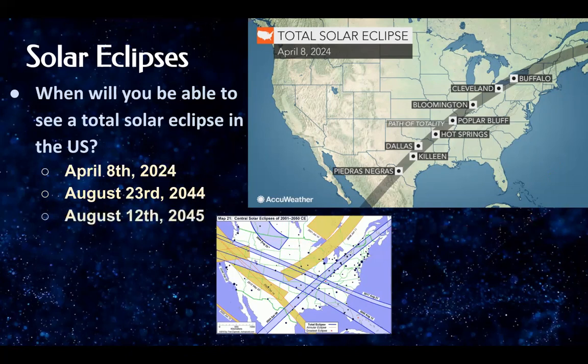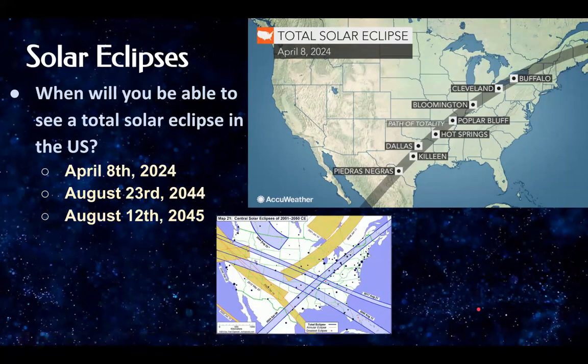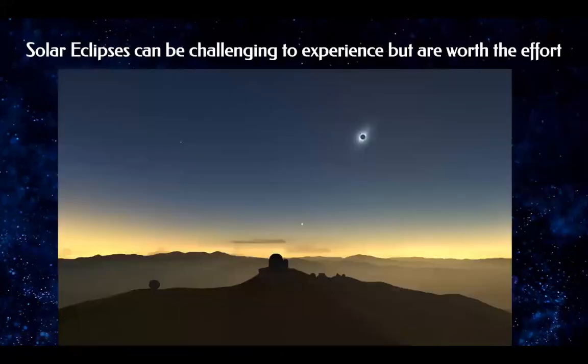Even more so, in 2045, that'll be another good one. On August 12th, that'll be a much larger area. You can see the path that it traces here. That'll be another good time to see it. But if you don't want to wait like 25 years, try to see the one in 2024. And even if you don't get to the path of totality, a partial eclipse is equally, well, maybe not equally, but it still looks cool.